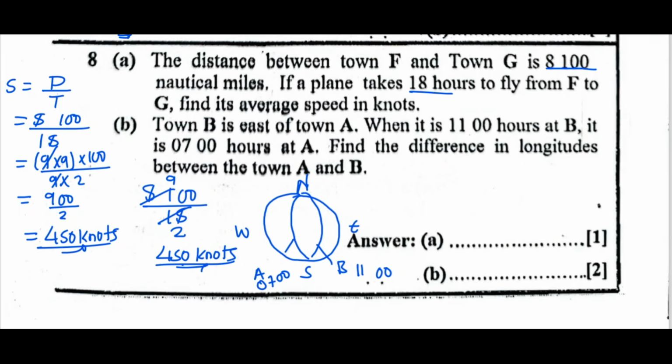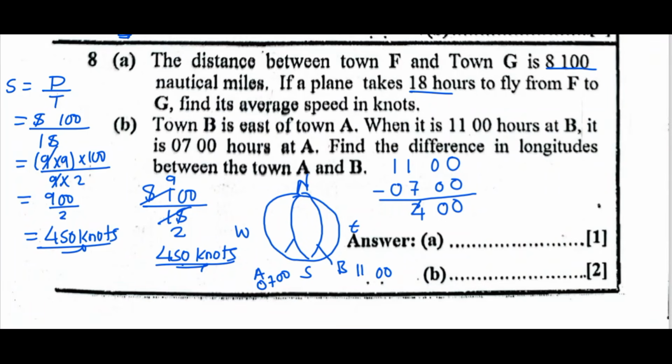So how do we find the difference? Whenever you are given a time difference, first we are going to subtract 7 hours from 11 hours. So 11 minus 7, we have 4 hours.